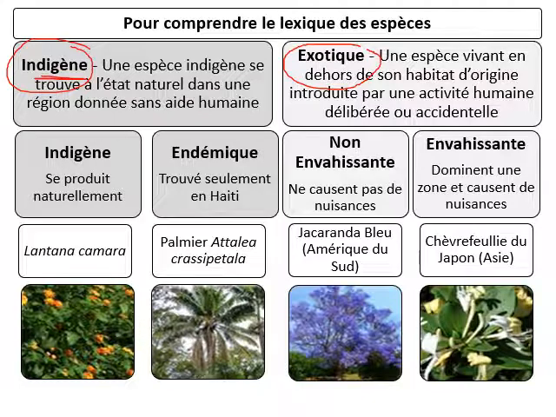Indigenous or native is a species that occurs naturally in a given area without human assistance. So there are palm trees in Haiti that were here before the Europeans arrived.